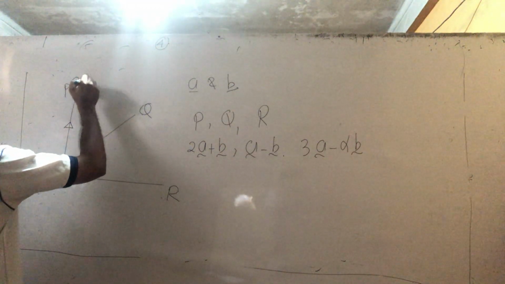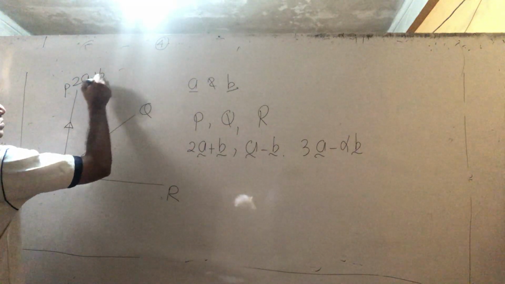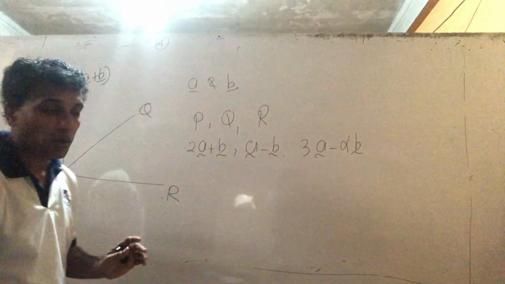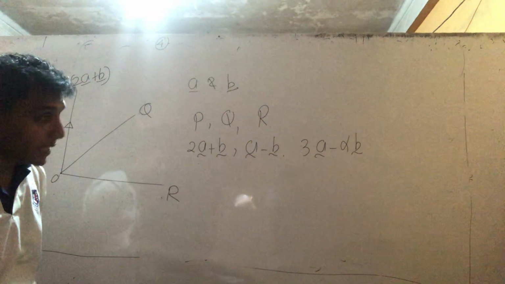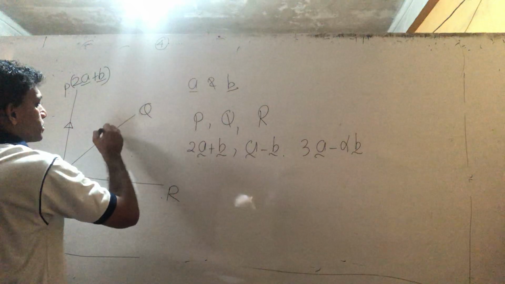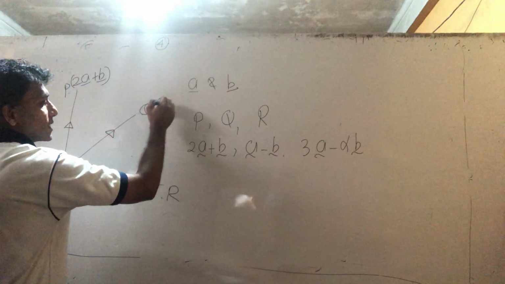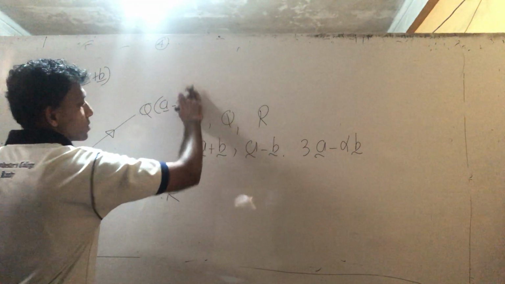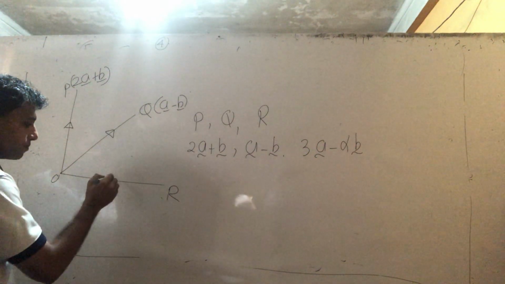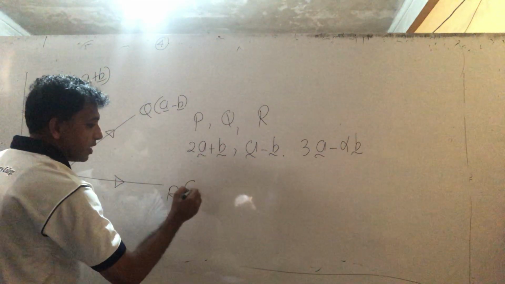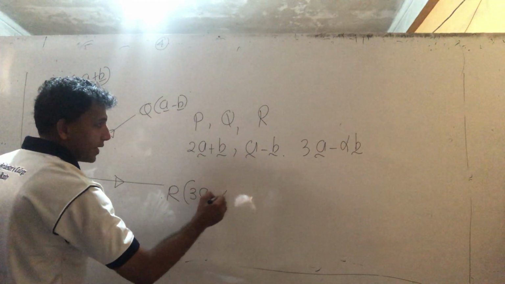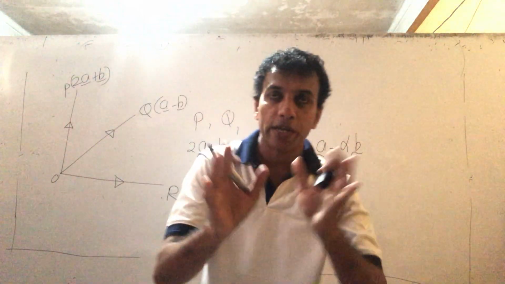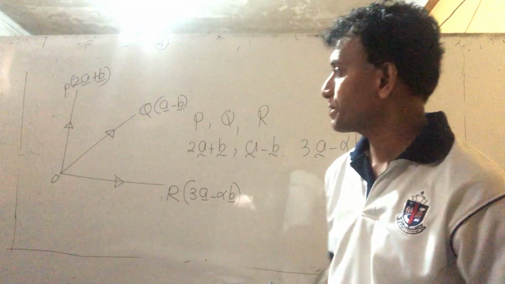The position vector of P with reference to the point O is 2A plus vector B. Q is vector A minus vector B. And finally R is 3 vector A minus alpha times vector B. So by a diagram you can draw this and mark these details.